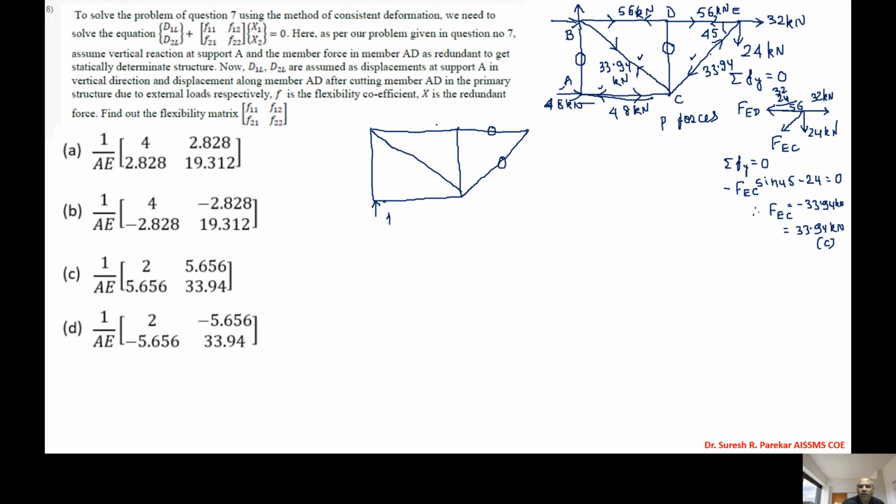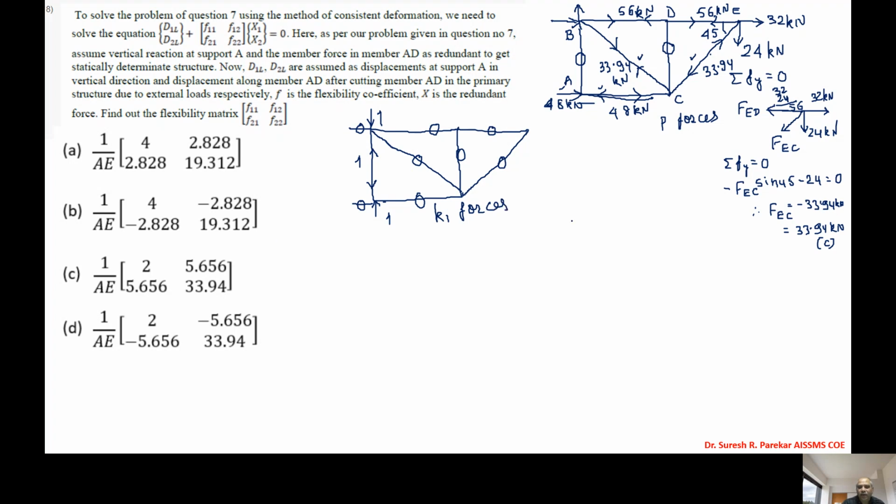So if I come to this joint, both 0. If I come to this joint, these two 0. And then we have 1, then we have this as 1. And then this reaction we will get as downward 1, and horizontal we will get as 0. This will be the K1 forces.